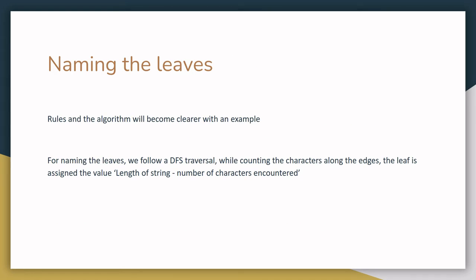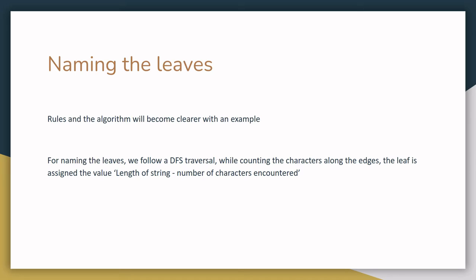But before we head on to the example, another important thing to note is we need to name all the leaves once we have a complete suffix tree with us. So what do we do for naming the leaves?